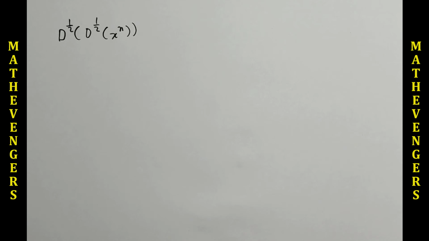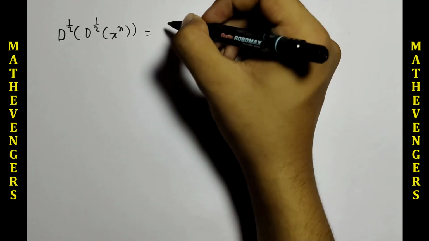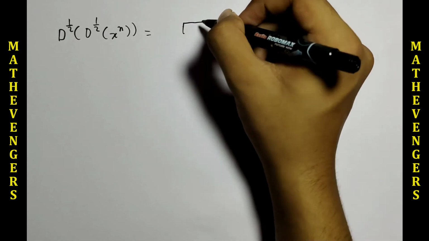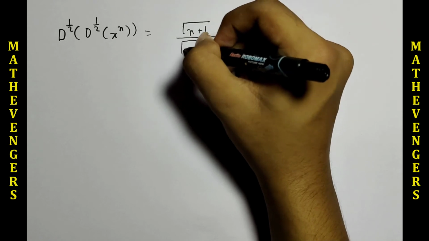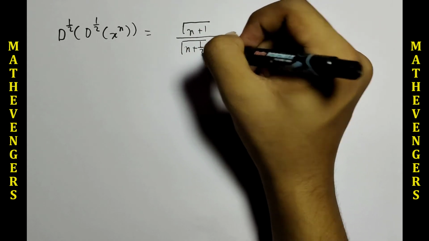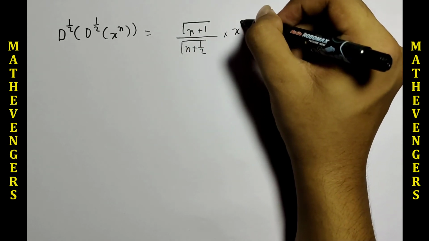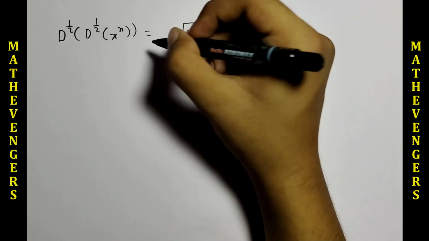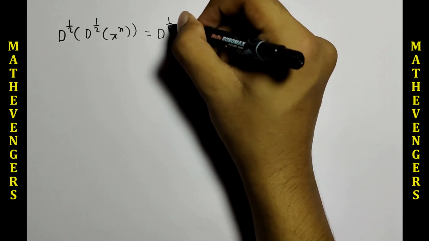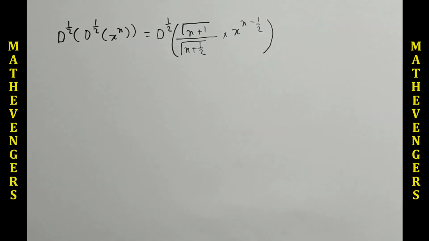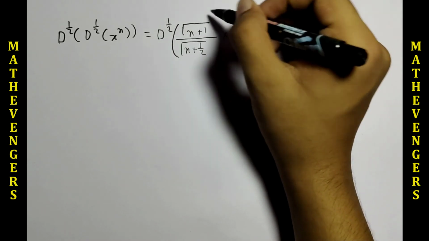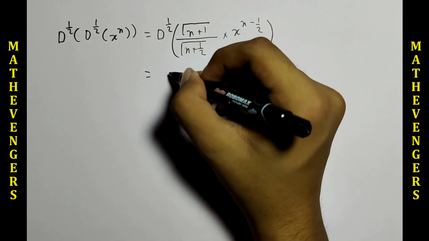Now we know that the half derivative of x to the n is equal to gamma of n plus 1 upon gamma of n plus half into x to the n minus half. Now we can see that this part is constant, so we will take it out of the half derivative.